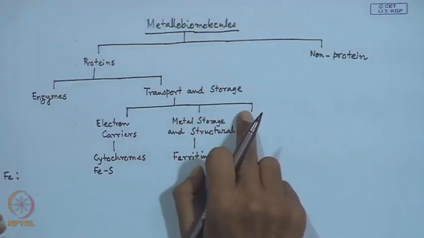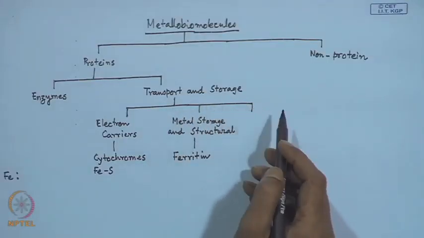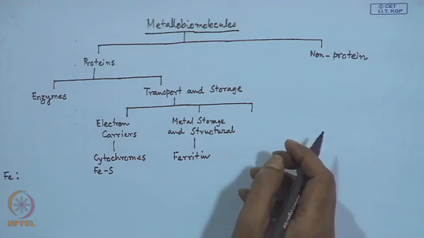So, the transport as well as storage of these iron sites are therefore related. How can you utilize those molecules? There will be some protein molecules utilized for transferring your iron from one point to the other, and once you transfer it, something is available again which can store your metal center.